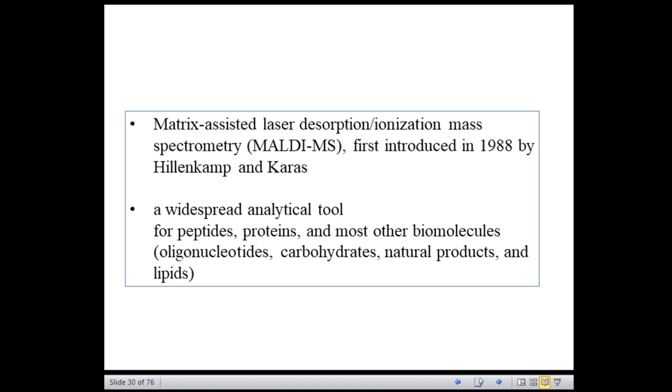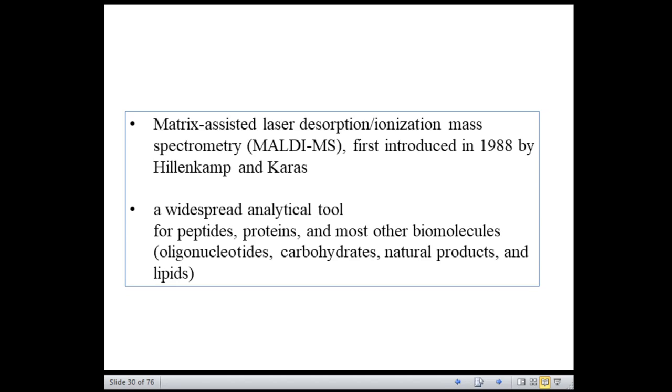Now the matrix plays a significant role by strongly absorbing the laser light energy and indirectly causing the analyte to vaporize.